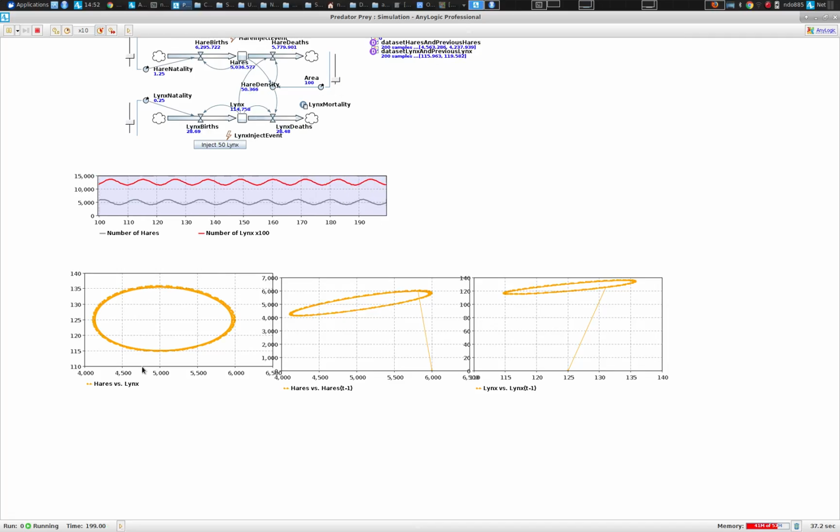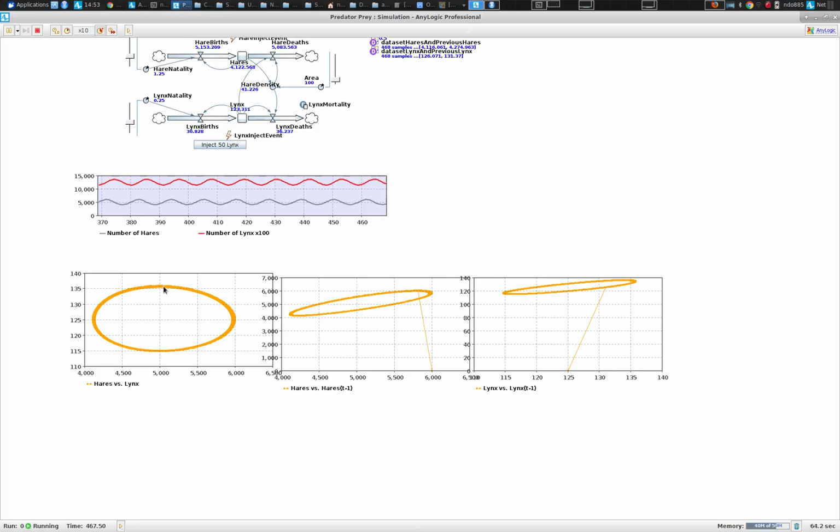So as the number of lynx rise, this is hares, the number of hares rise. Here we have a situation where the lynx also change, shown on the vertical axis. With the largest number of hares and the minimal number of hares, we both get similar numbers of lynx here.